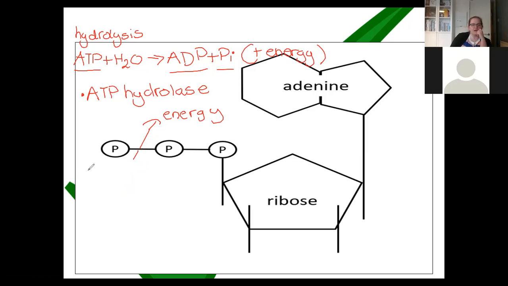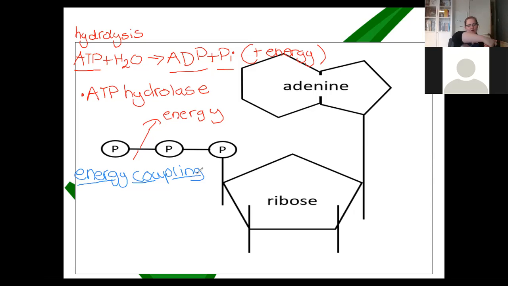We also get something called energy coupling. Energy coupling is when the hydrolysis of ATP can be coupled to other reactions in the cell that need energy. We said that ATP is the currency of cells.